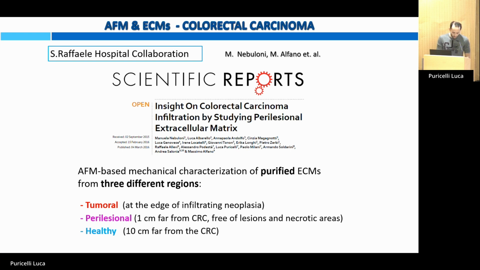They were purified extracellular matrices, so they had a protocol to get rid of cells and only keep the extracellular matrix without affecting its original properties. They provided us with pieces of biopsies from the tumoral regions, the perilesional region surrounding the tumoral region, and the healthy regions, around 10 centimeters far from the tumor region.